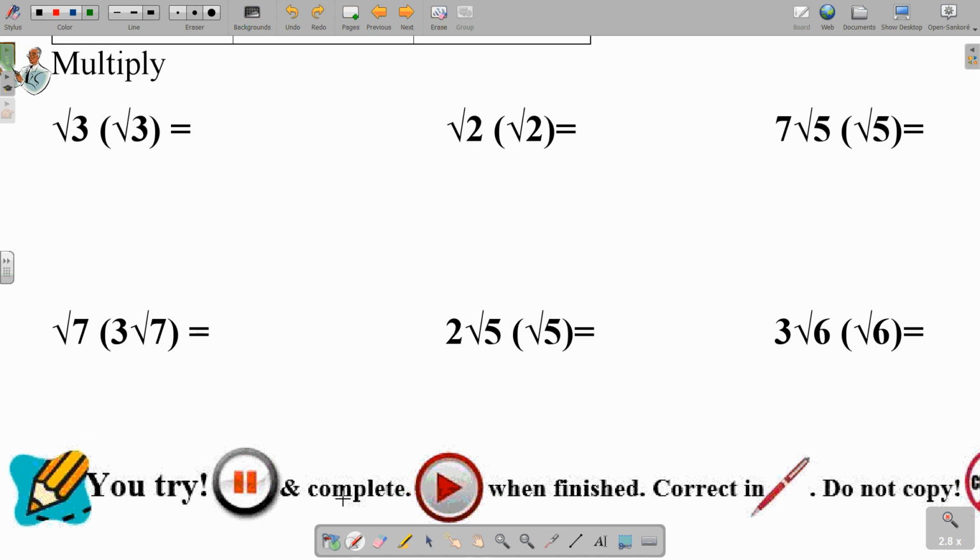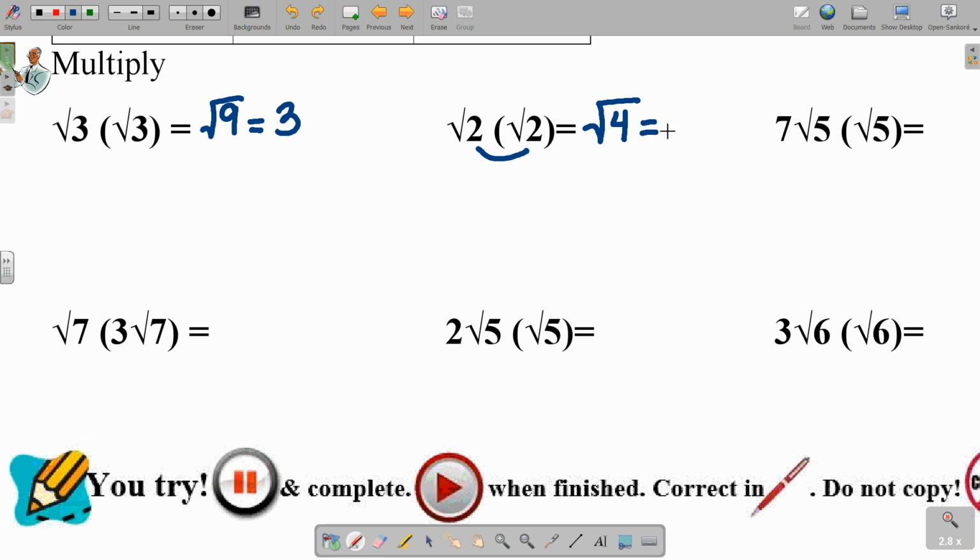So let's do this first line here. Root 3 times root 3. Technically, that is square root of 9, which is perfect, becomes 3. Root 2 times root 2 technically is the square root of 4, because 2 times 2 is 4.